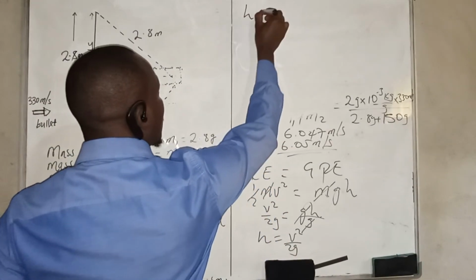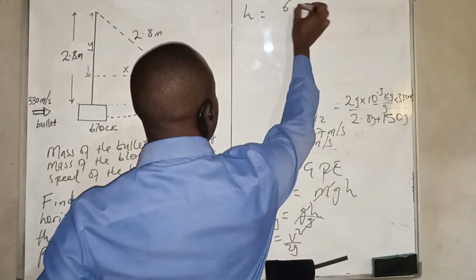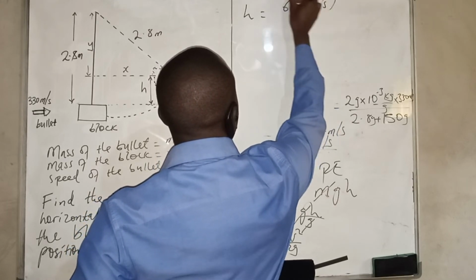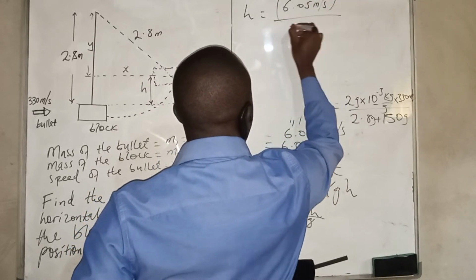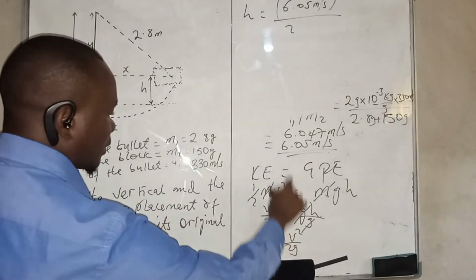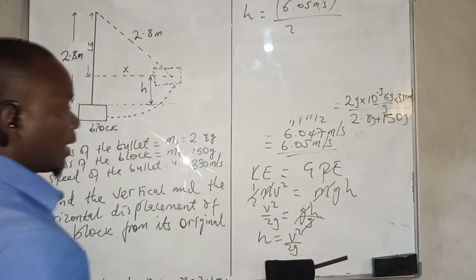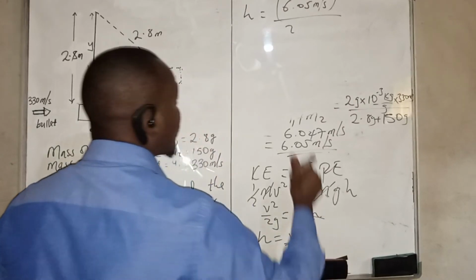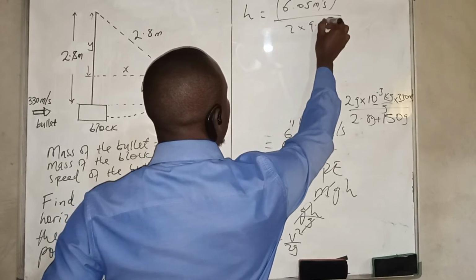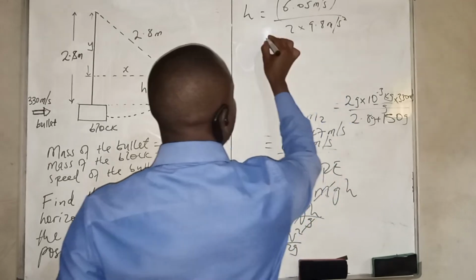So our h will be, the v we have 6.05 meters per second, squared, over 2 times g, where g is the acceleration due to gravity, which is simply 9.8 meters per second squared.